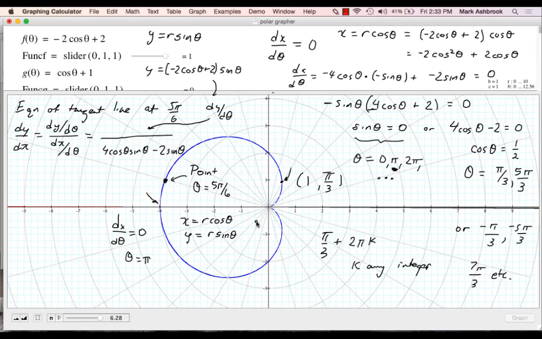So we would evaluate r, we'd evaluate cosine and sine, we'd find the coordinates x and y, and then you'd have the slope from dy/dx, and you'd be home free. You could write the equation of the tangent line, which you've done in the past. There's your point, and there's your slope.